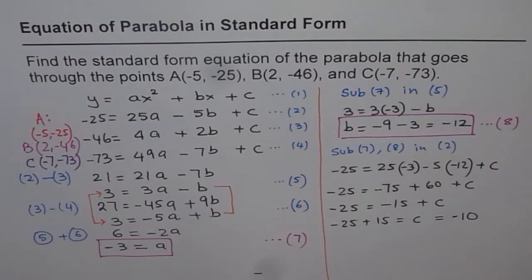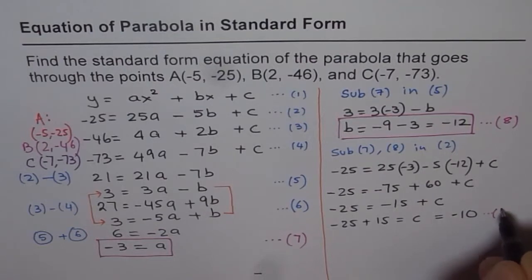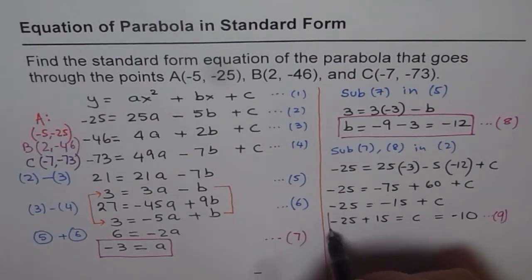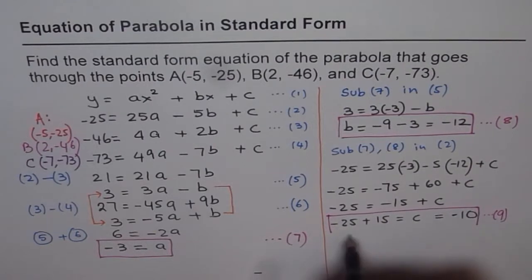So let me call this equation 9. Now we have values of a, b and c from equations 7, 8 and 9, right? So let me highlight this value also, which is c equals minus 10.